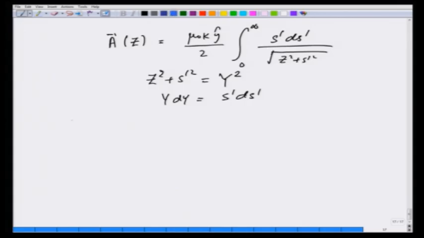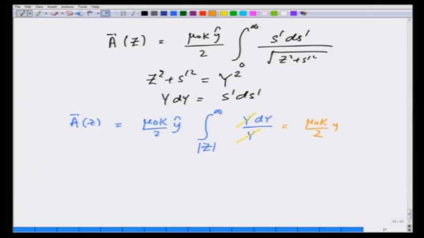So, I get A equal to mu naught k over 2 integral from modulus z to infinity y dy over y. This y cancels, and I end up getting mu naught k over 2 times y, evaluated at mod z and infinity.